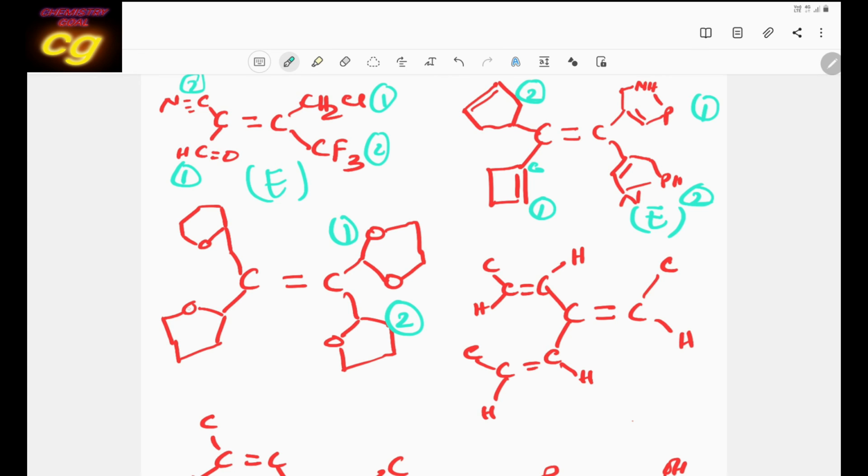So oxygen is coming at the 4th position here, while here the 4th position is carbon. As oxygen is coming here, and carbon here, this is 1, this will be 2. And here, carbon attached to, already discussed, so 1 1, 2 2 opposites, that is E.